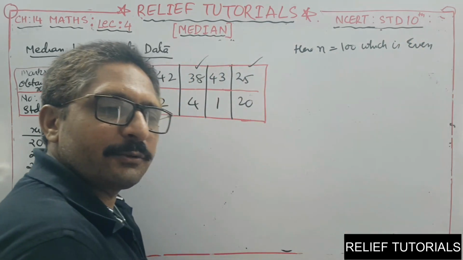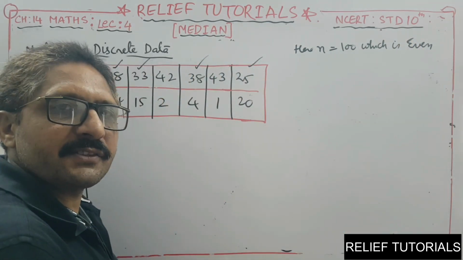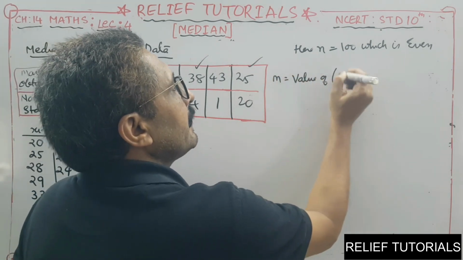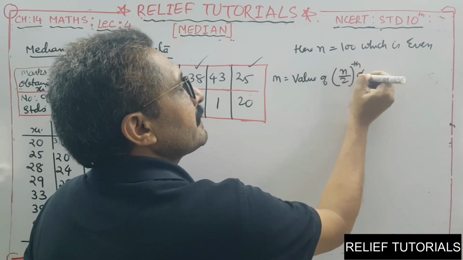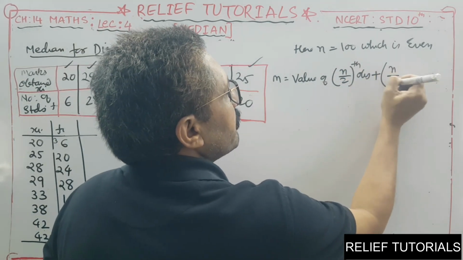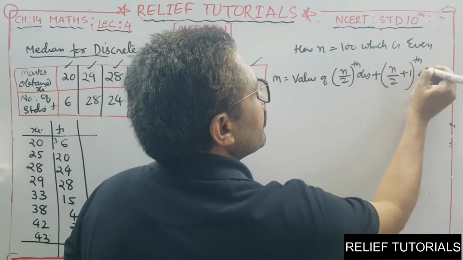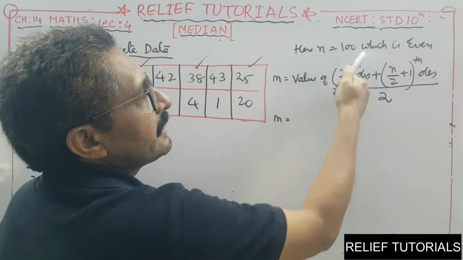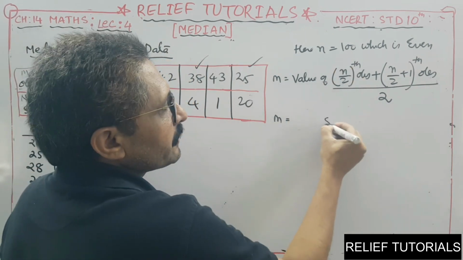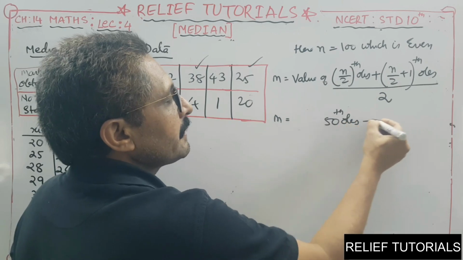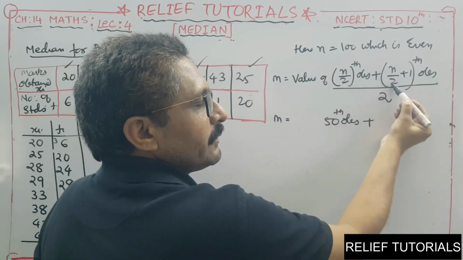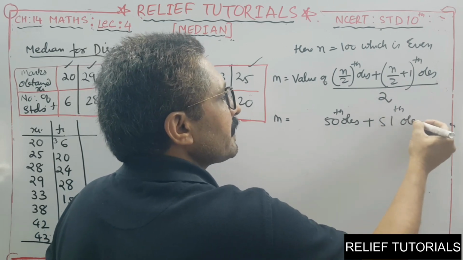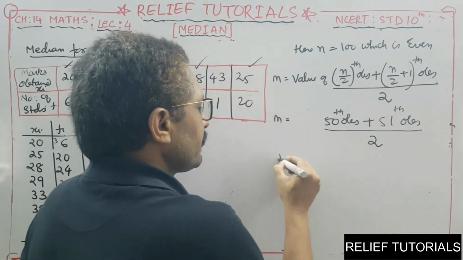You know the formula to find the median when the number of observations is even. The median is equal to the (n/2)th observation plus the (n/2 + 1)th observation, divided by 2. Now n is 100, so 100 divided by 2 is the 50th observation, plus the 51st observation, divided by 2.